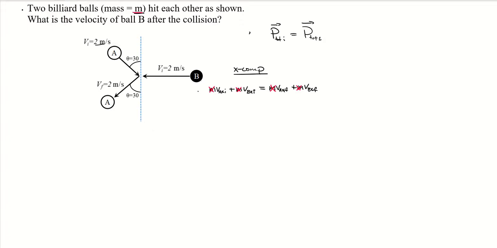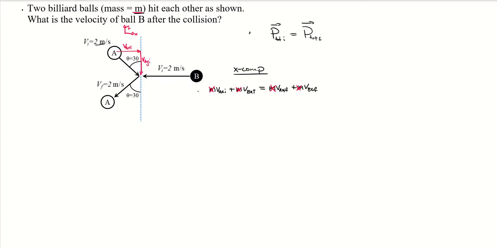Then we can ask, what's the velocity of ball A in the x direction at the start? If our coordinate system is standard x, y, we have to split this into components: VAX initial and VAY initial.